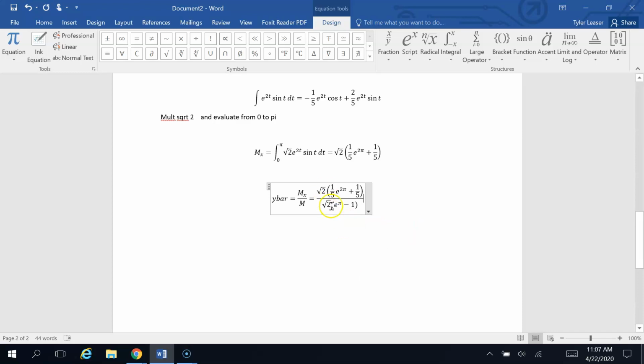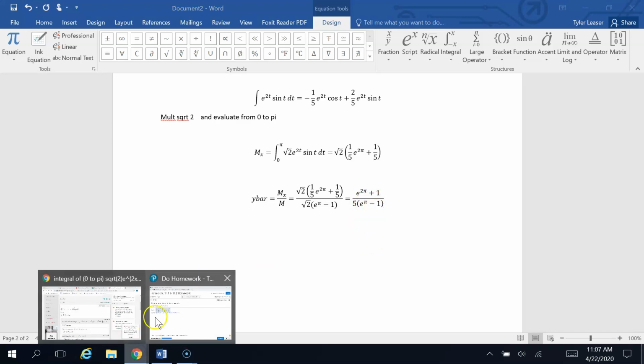Nice. So you can see that the square root of 2's are just going to cancel out. We can also multiply top and bottom by 5 to get rid of those exponents. So here we're going to have e to the 2 pi plus 1 up top, and then just a 5 times e to the pi minus 1 on the bottom. I don't think we can simplify that down any more than it already is.